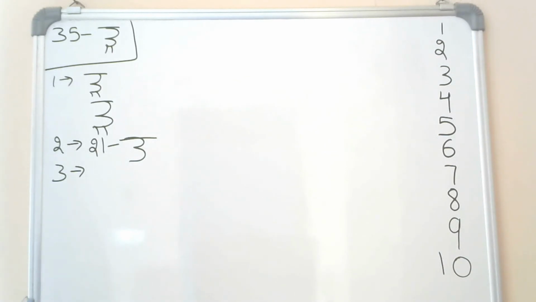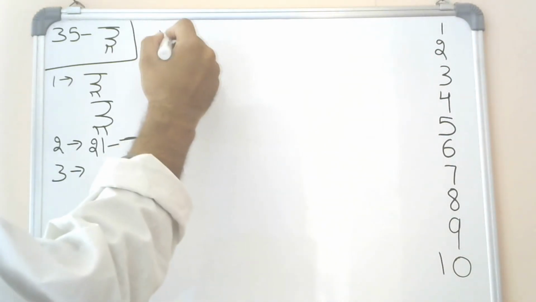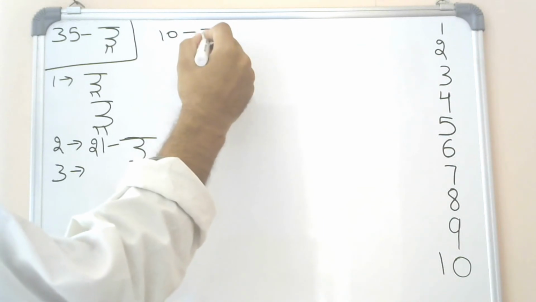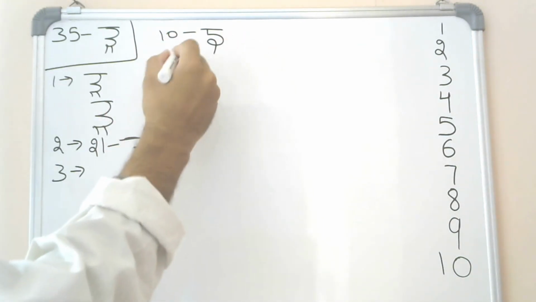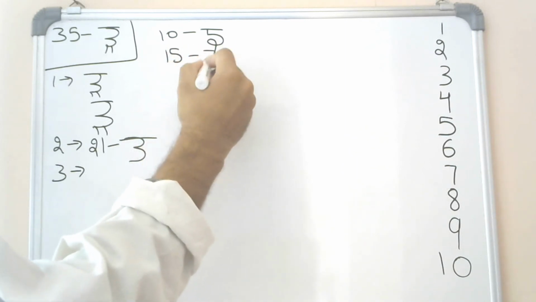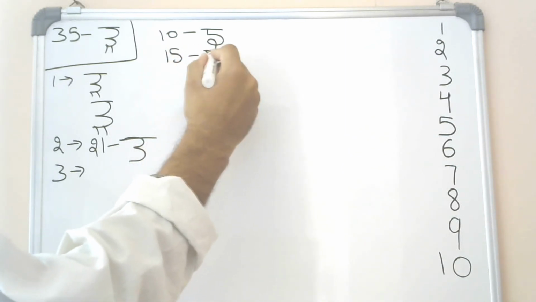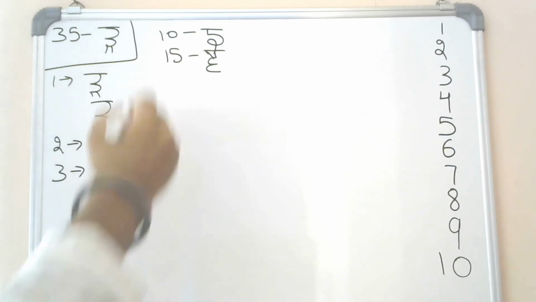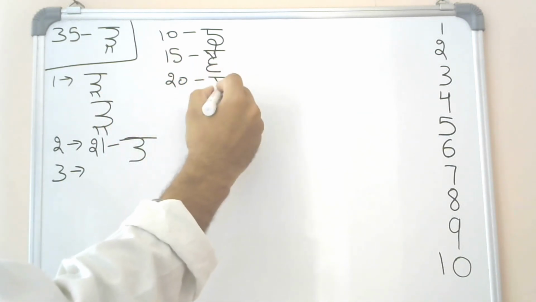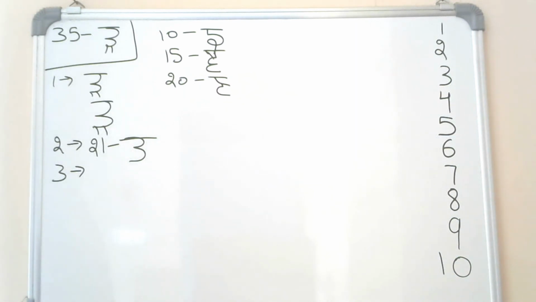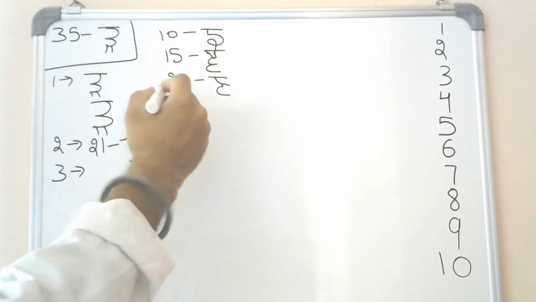We have the example of the 10th letter, and then we have the example of the 15th letter. We have the 20th letter. Then we have this 35th letter.